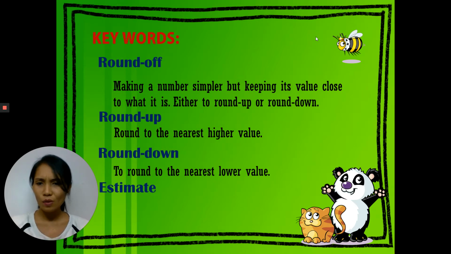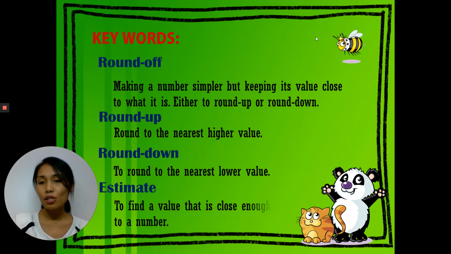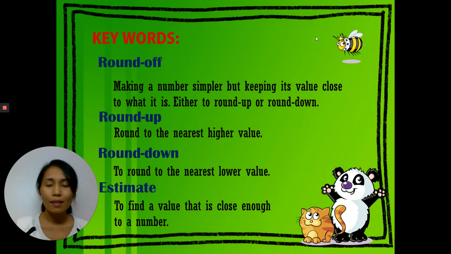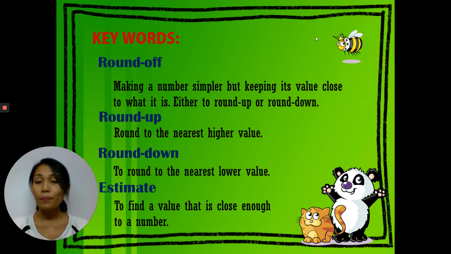We will discuss this one further later on, so never mind. Estimate means to find a value that is close enough to a number. When we say estimate, that is not the exact number, but it is a number with the closest value to that specific number.